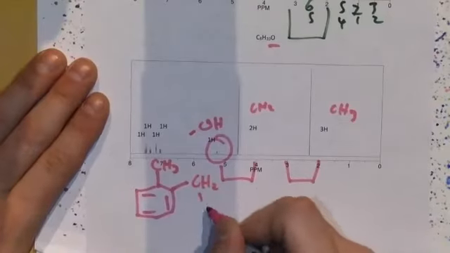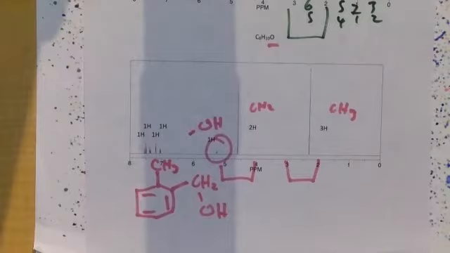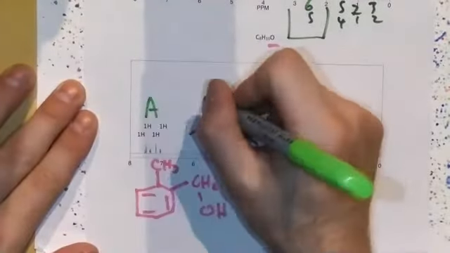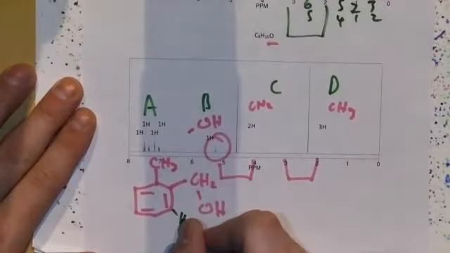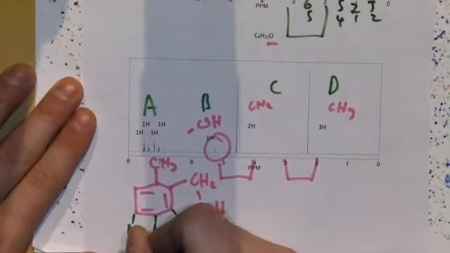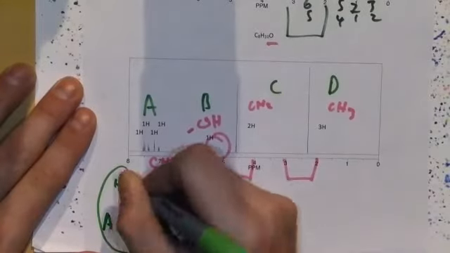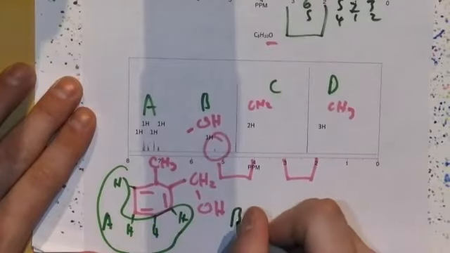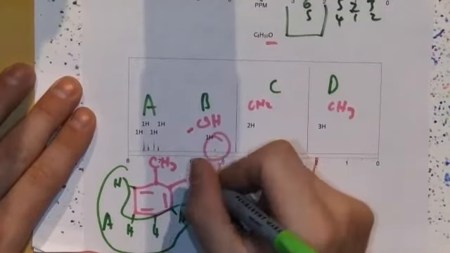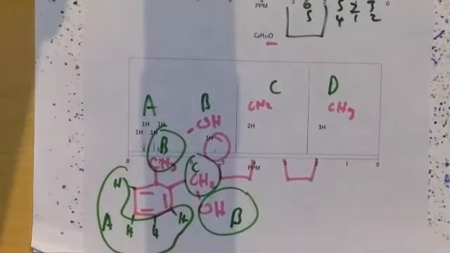So putting those together should get us to a final product here. A, B, C, D. So A is going to be all these protons. B is our OH. C is our CH2. D is our CH3.